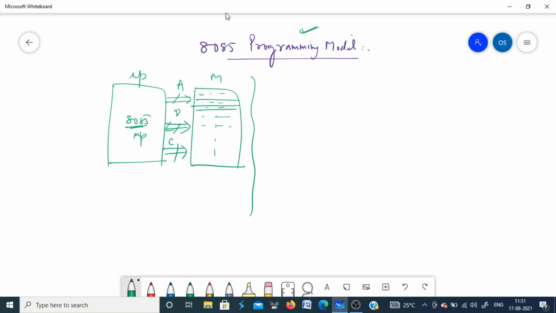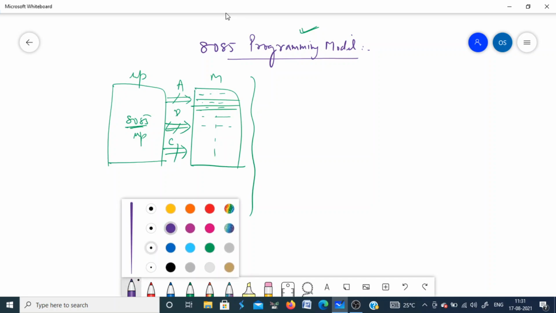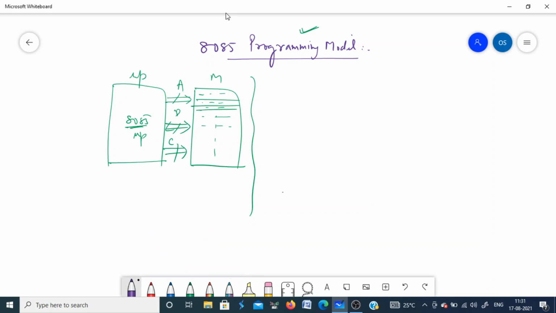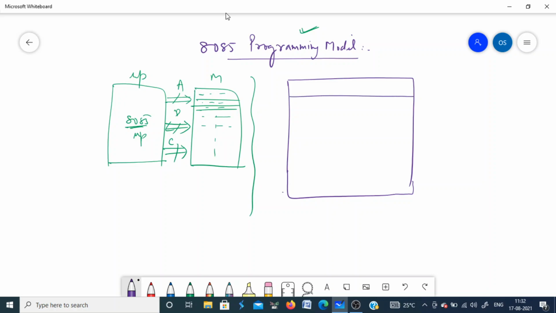But there are certain registers which we can use for programming, and we will discuss some of those. In your 8085, you have 6 general purpose registers. Along with that, one register is called the accumulator, A.